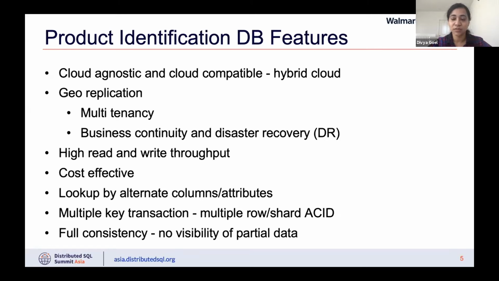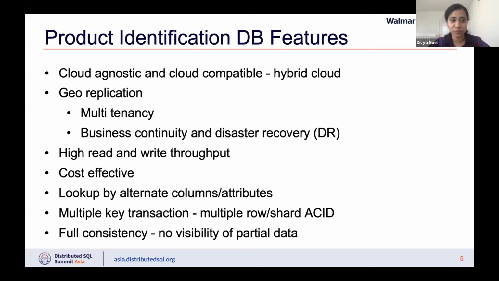Then geo replication with the different markets that Walmart supports, to be able to have deployment across different regions, across different countries, and to be able to have business continuity and disaster recovery. So in case any issue happens, we are able to connect with another region and get the data.